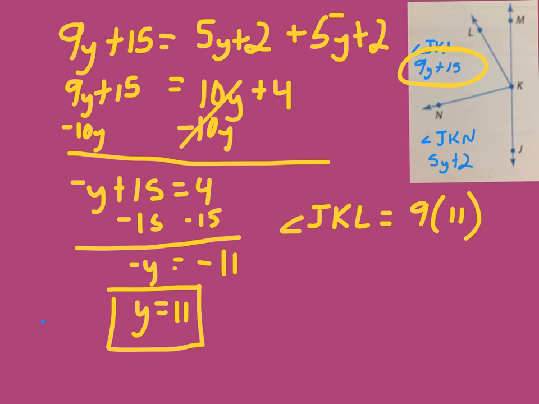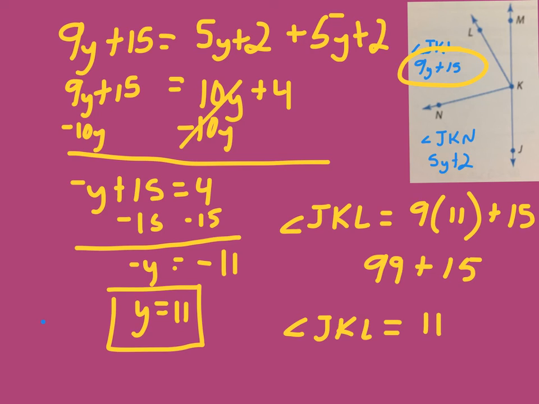Plug that in. And then we're going to put 15. Now let's just solve. 9 times 11 is 99. You're going to add 15 to that. 99 plus 15. JKL equals 114 degrees.